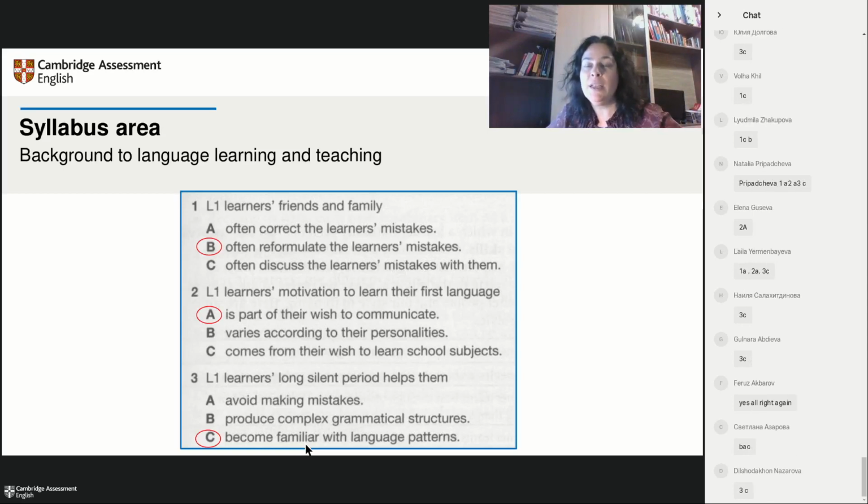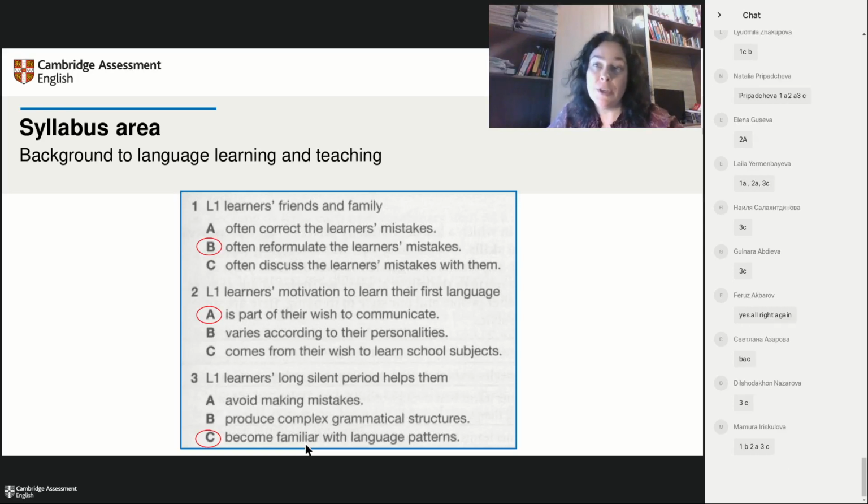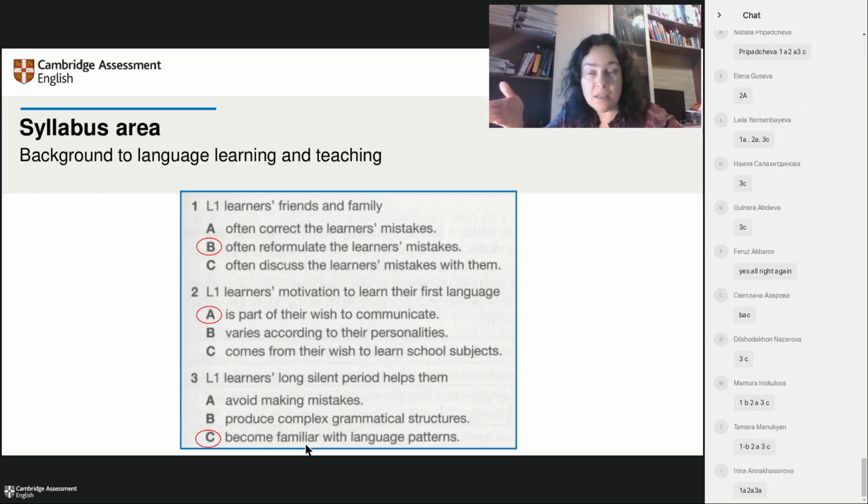Parents don't usually correct their children, yeah? They usually expose them to a natural model, like, you mean this, and they move on. They don't attract kids' attention to mistakes. They just reformulate, rephrase that, and move on. So the conversation continues. And that's what teachers can do if the focus is on fluency, for example.